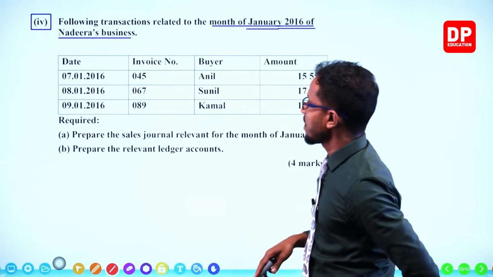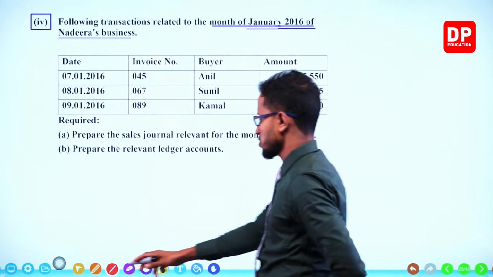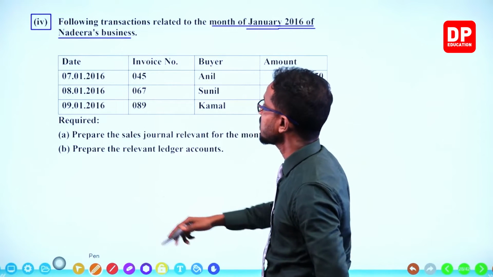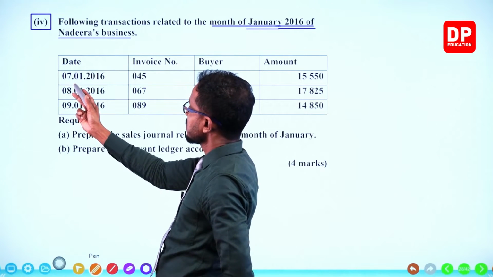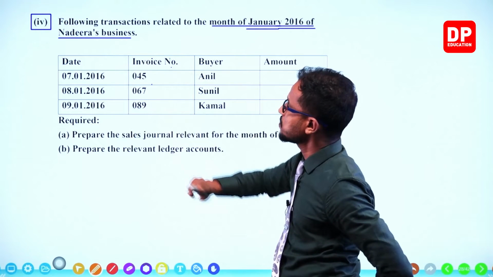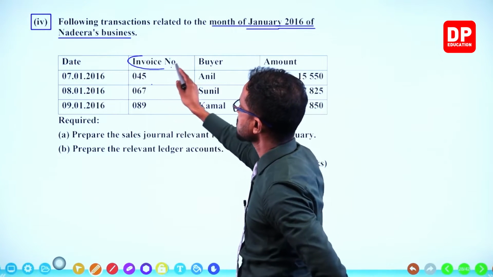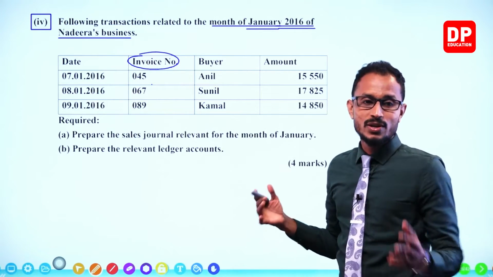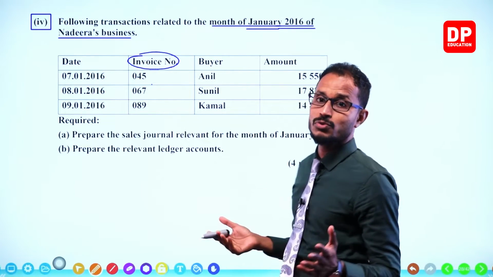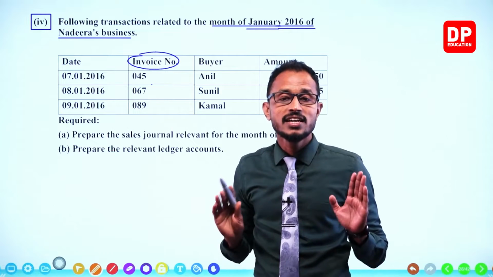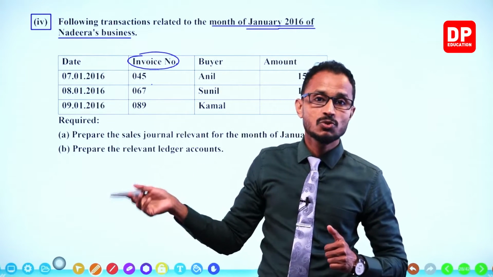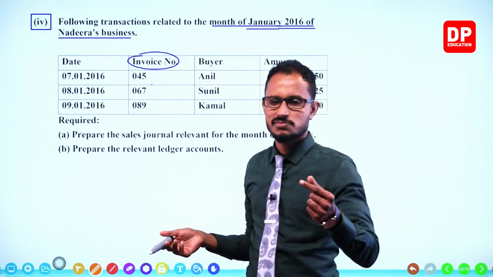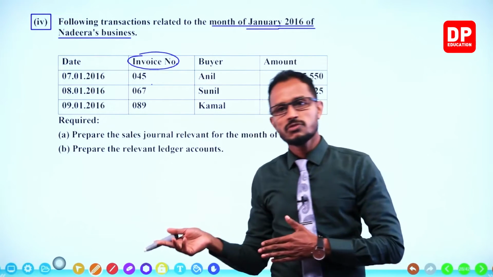What have they given to us? They have given dates and invoice numbers. When you see invoice number, you have to realize that these are invoices. Invoices mean source documents, like receipts and vouchers and invoices.